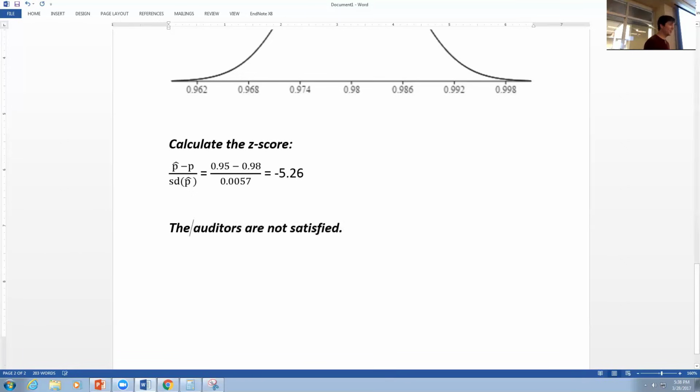The auditors are not satisfied. They decide to do a stress test on our iPhones.